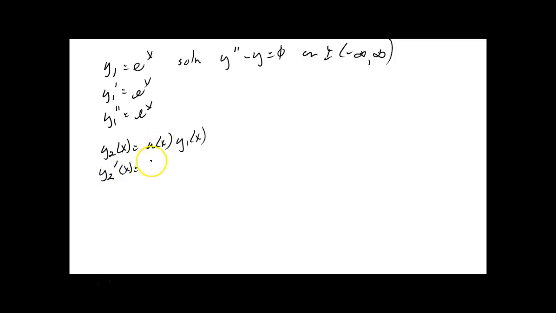Ooh boy, this doesn't look good, does it? It's u of x, a function, times y1 of x, which is this function. So instead of y1 of x, let's put e to the x. U of x is some other function, we just don't know what it is yet.